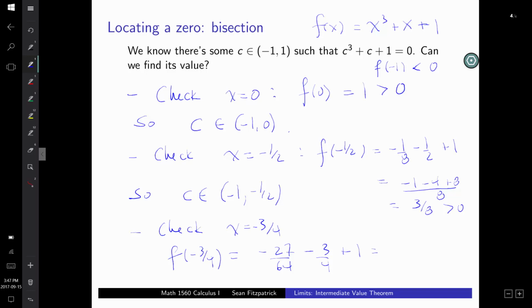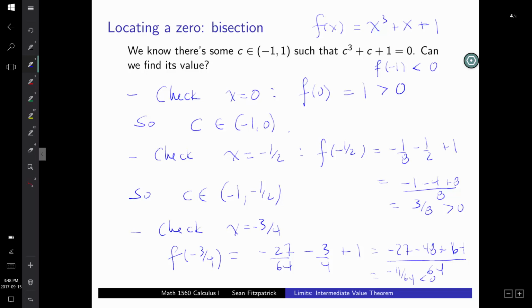Over 64, minus 27, 3 times 16 is 48, plus 64, right? Over 64. And what do I get now? This is now going to be negative, right? That's minus 75 plus 64. I get minus 11/64.